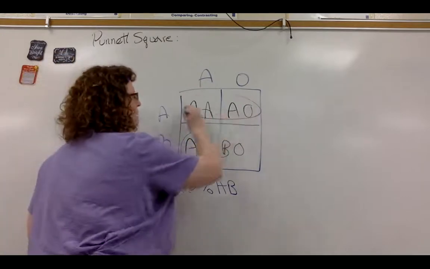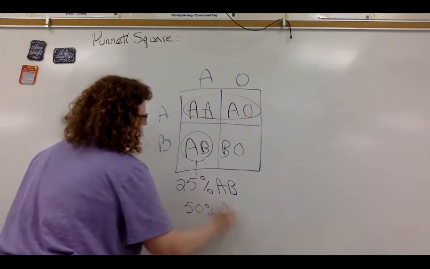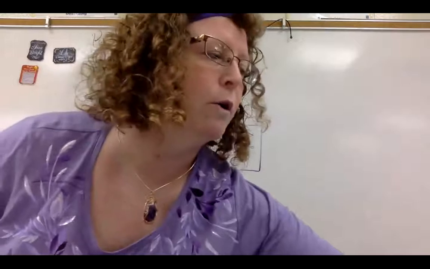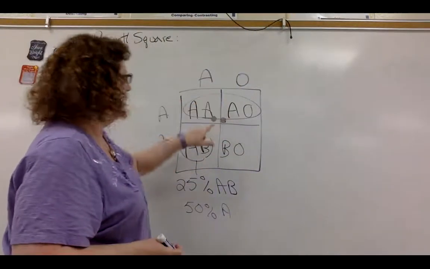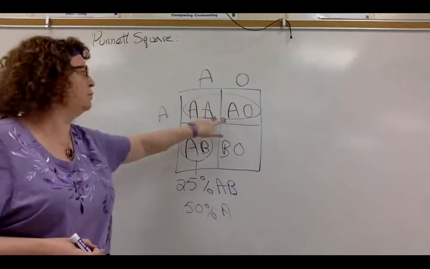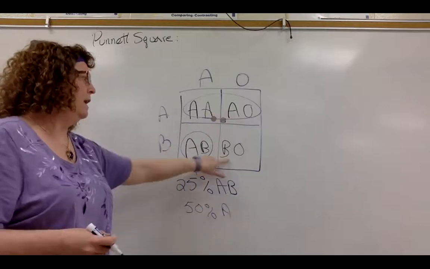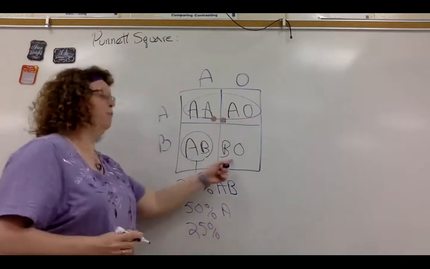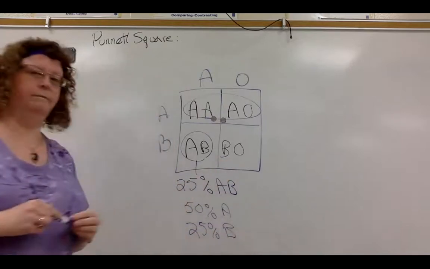That's 50% A blood. Remember, if every single box is worth a quarter, when you have 2 boxes, that's 2 quarters, that's 50 cents. So that's where that 50 comes from. And then this, what blood type is that? That's going to be blood type B.